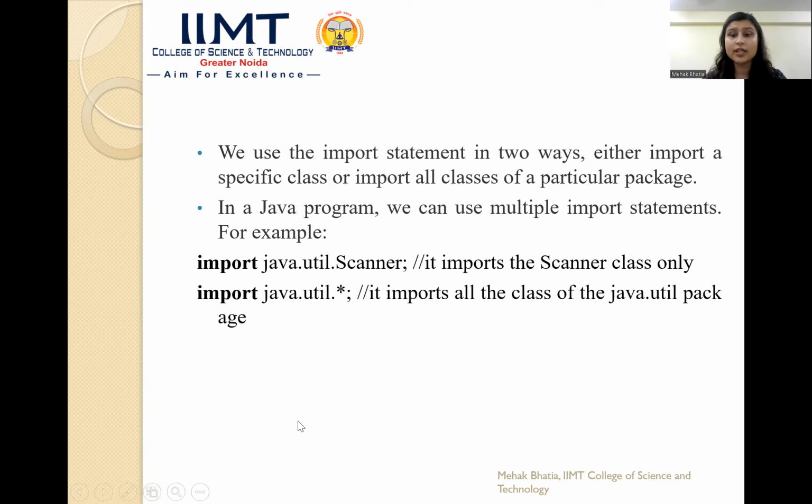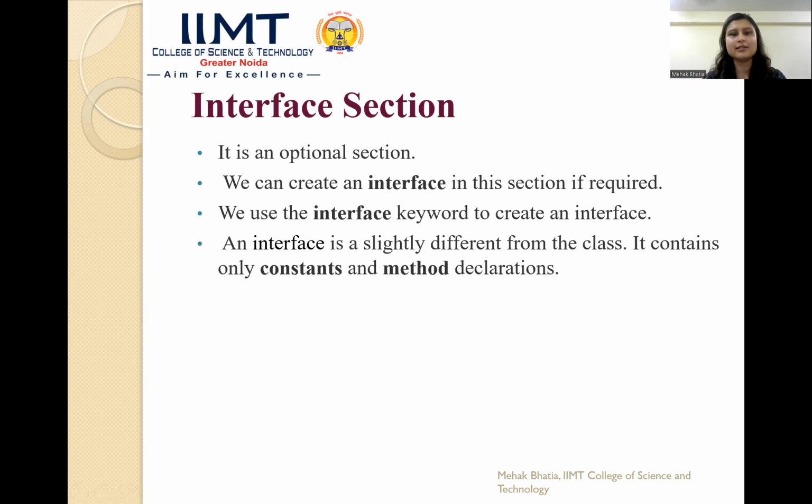Or else you can import all the classes of a package with the help of star. So you can write import java.util.*. What this statement is going to do is import all the classes of the util package. Okay. So with the help of star, you can import all the classes of the util package, or else you can just import one class by writing the name of that particular class.